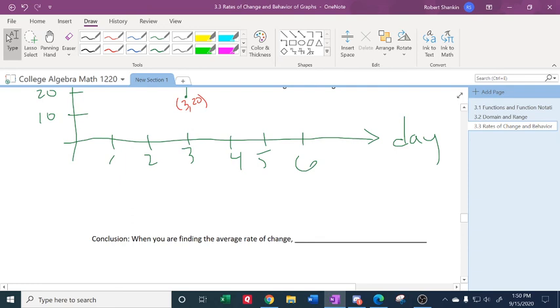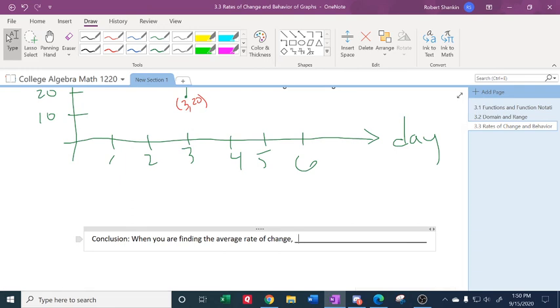All right. I like the way you say that we can't assume that it was going up in a straight line. So let me just put something in here so that you can all put something in your notes for this. When you are finding the average rate of change, it doesn't matter how you went from the initial point to the final point.